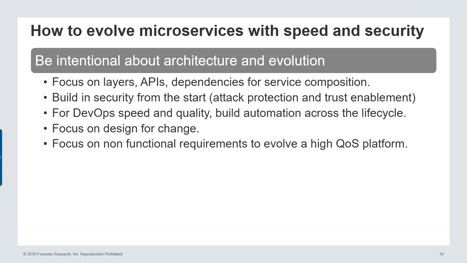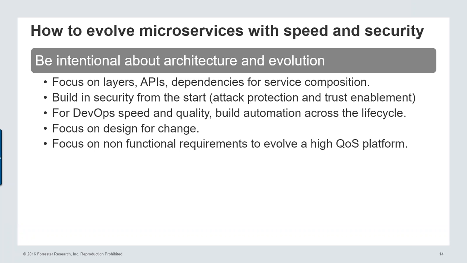So you need to be very intentional about your architecture and evolution for microservices. And the way that I would think about this first is focusing on layers and APIs and dependencies for service composition, understanding that as you break things apart, you're making decisions on how they communicate. You have many more things to control and understand dependencies on.